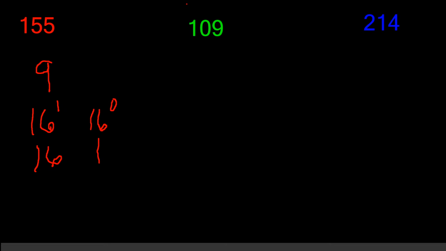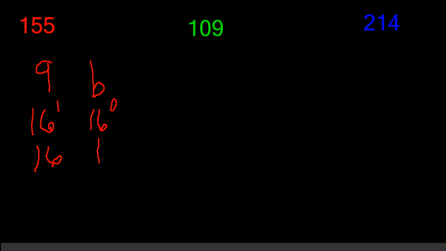And I have a calculator here, so that's how this is working out. And so we have 11. Well, we said with hexadecimal, we start, 9, then 10 is A, 11 is B. So 155 would be 9B.